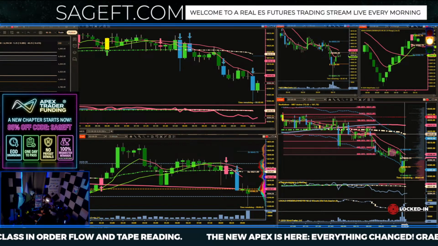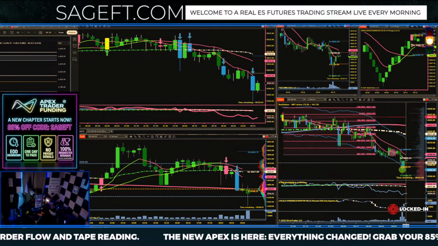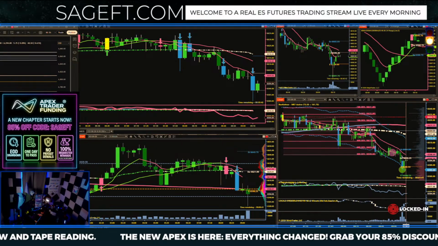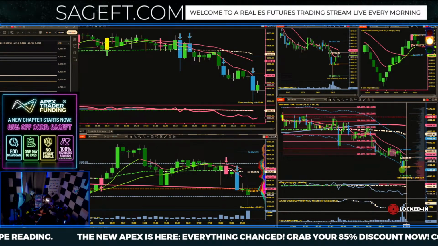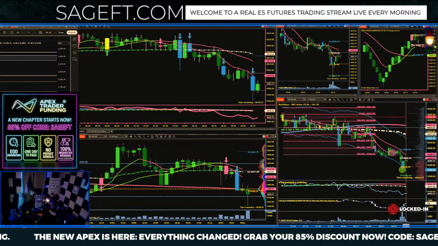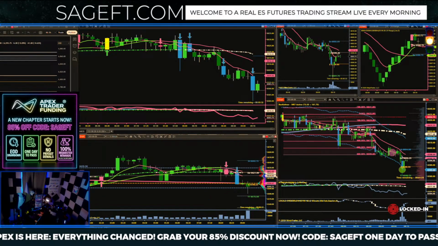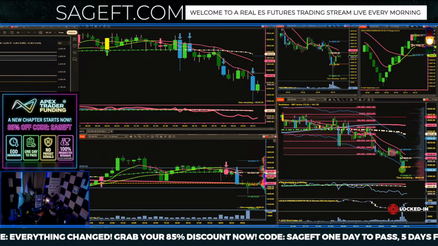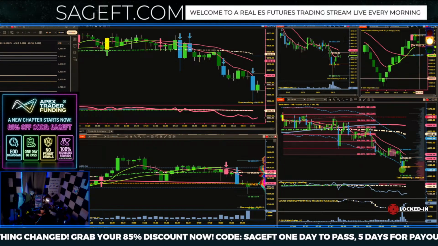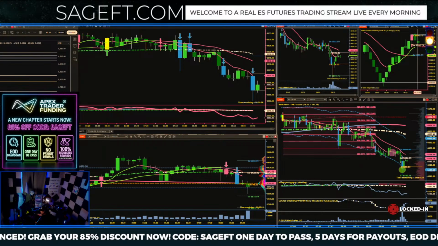Everything is down, so we need a reset, right? Because we're away from the VWAP, the 200. The 20 and the 8 are away from the VWAP, the 200. If you're still short, there's a target of about 75s. They got close.